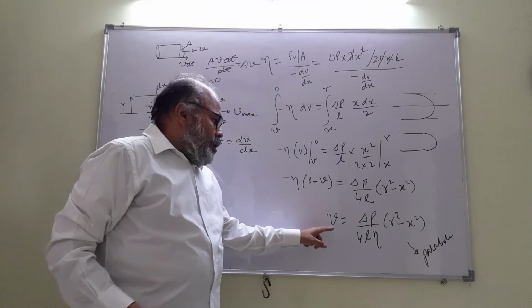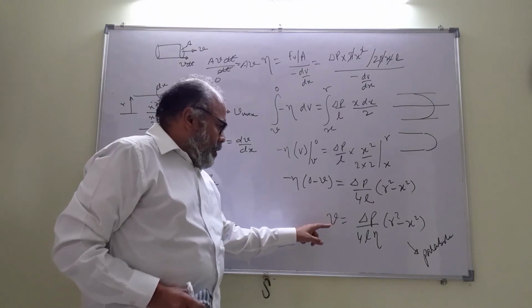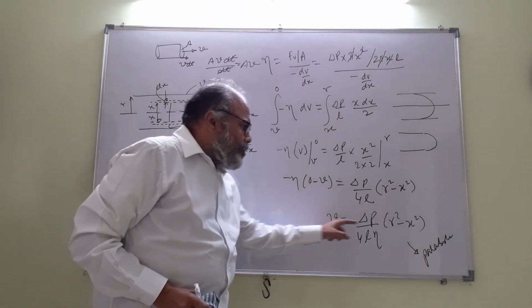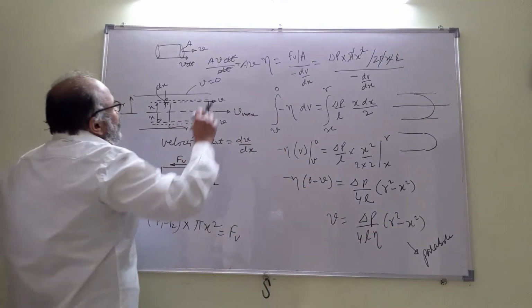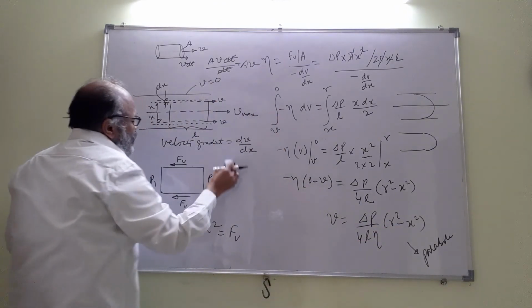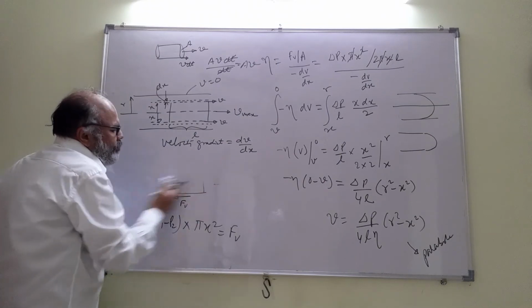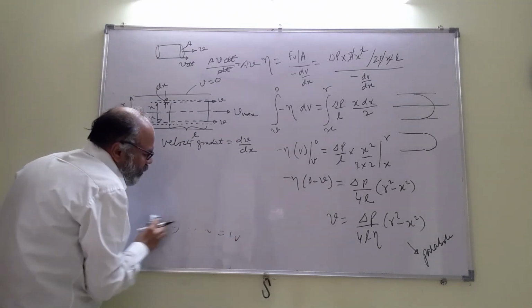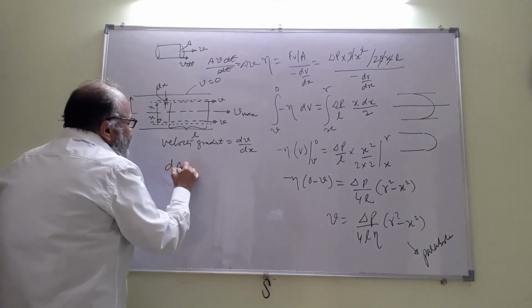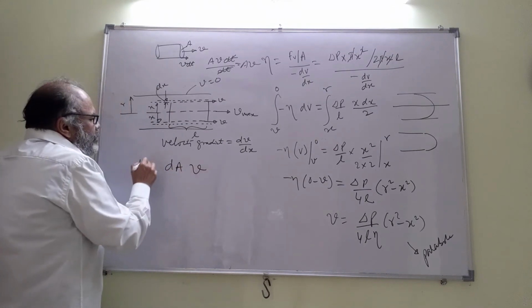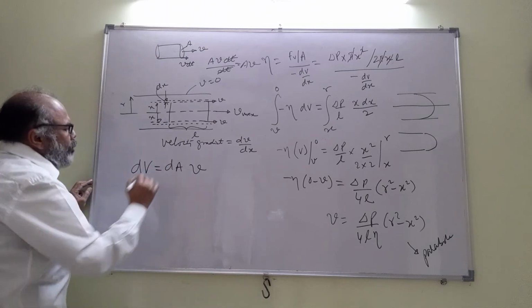Now, if you see this velocity, it's not constant, it is a function of x. Therefore, you will have to choose an infinitesimal area. The infinitesimal area dA into v is the infinitesimal volume flow rate.